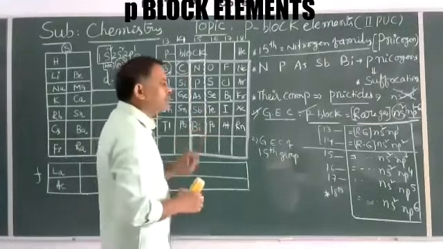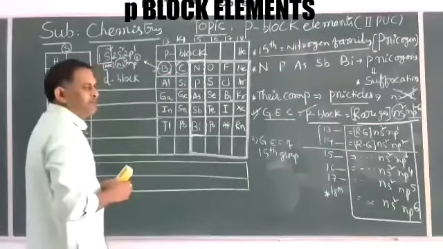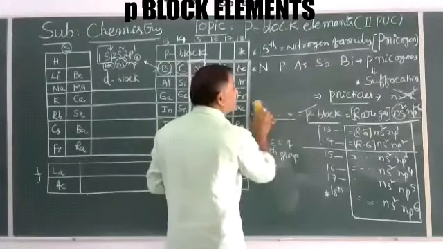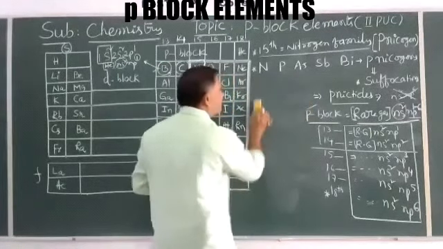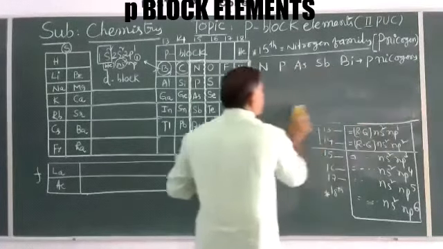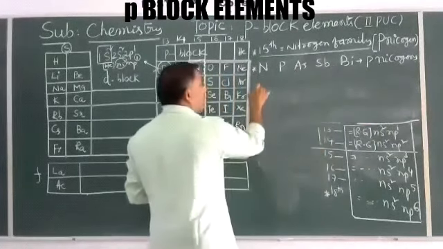So on the basis of their electronic configuration, here I will write the electronic configuration of these 5 elements, the 15th group elements.